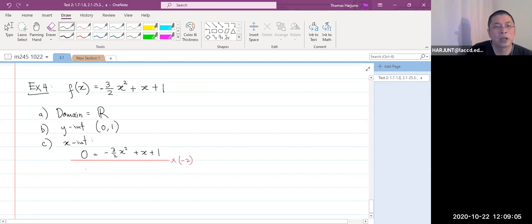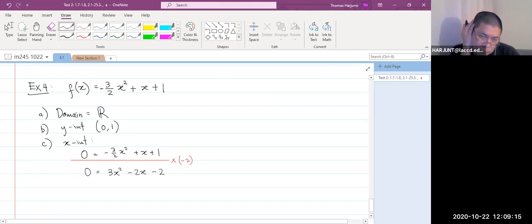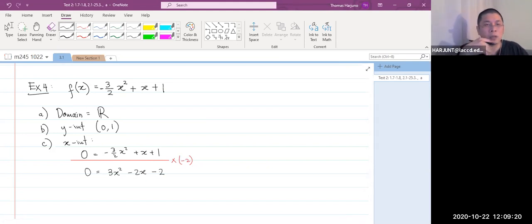So I get 0 equals 3x squared minus 2x minus 2. I don't think that's factorable. Is it? No, it's not factorable.